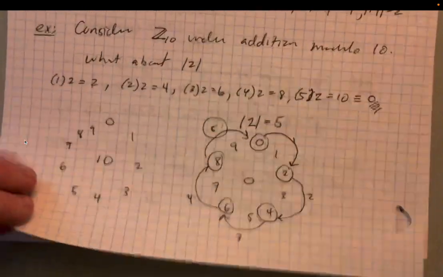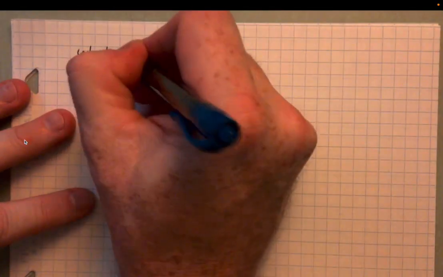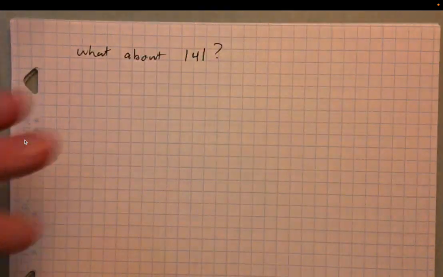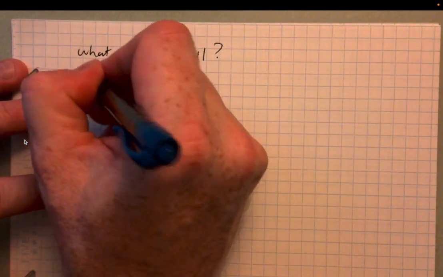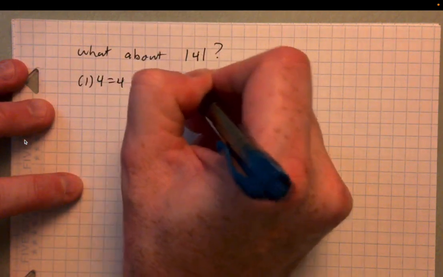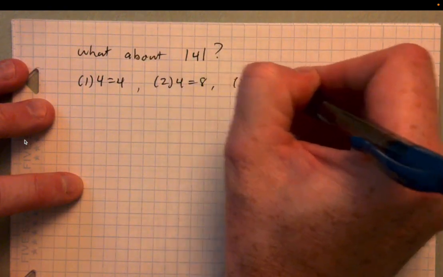Let's do another example out of this group. What about the element 4? So what about the order of 4? Okay, so similar to before, we'll say 1 times 4 is 4, 2 times 4 is 8, 3 times 4 is 12.